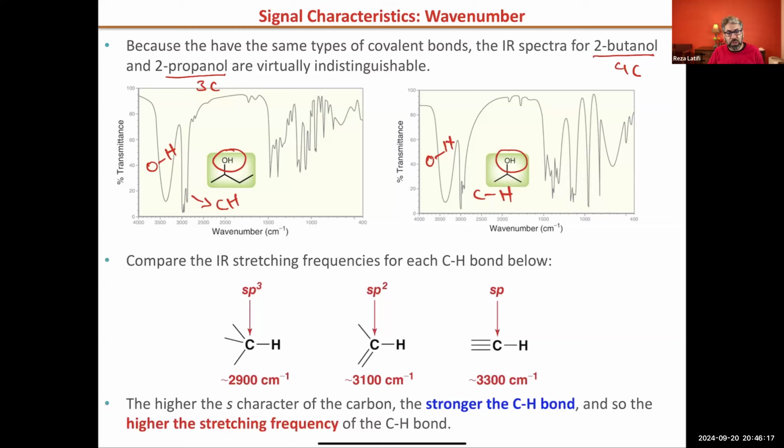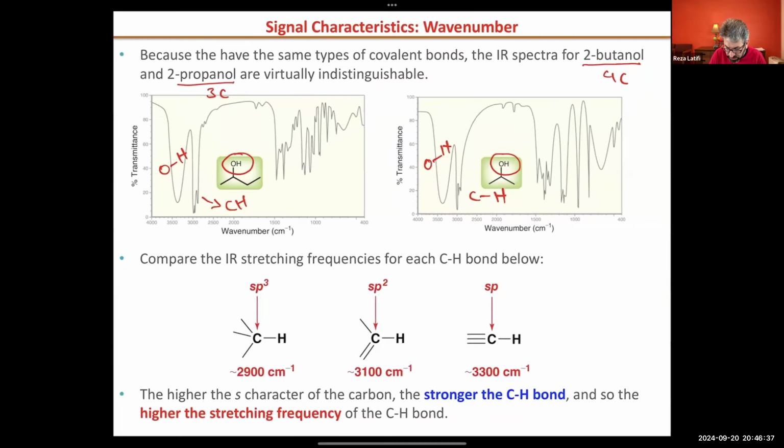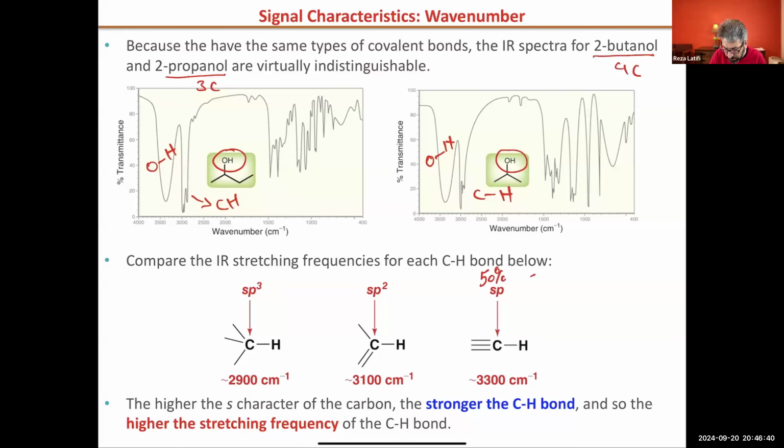Now, if you start getting different electronegativity, you will have different polarity, and that difference in electronegativity can be achieved through difference in hybridization. As you increase the percentage of s orbital, it gets more electronegative, so 50% S and 50% P. As you increase the S character, you will be dealing with a shorter bond.